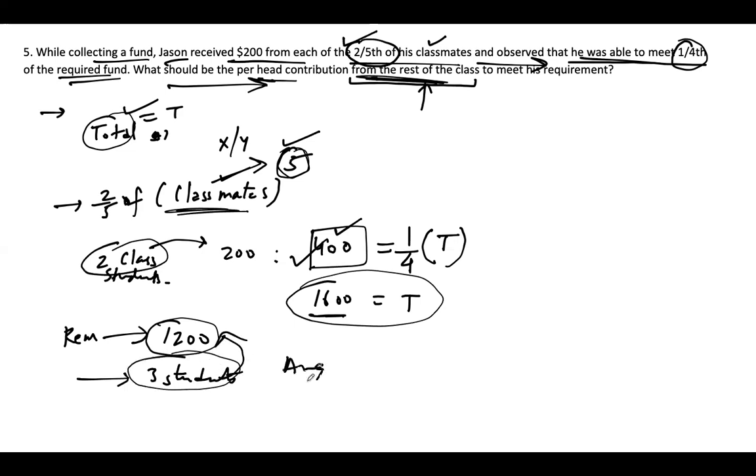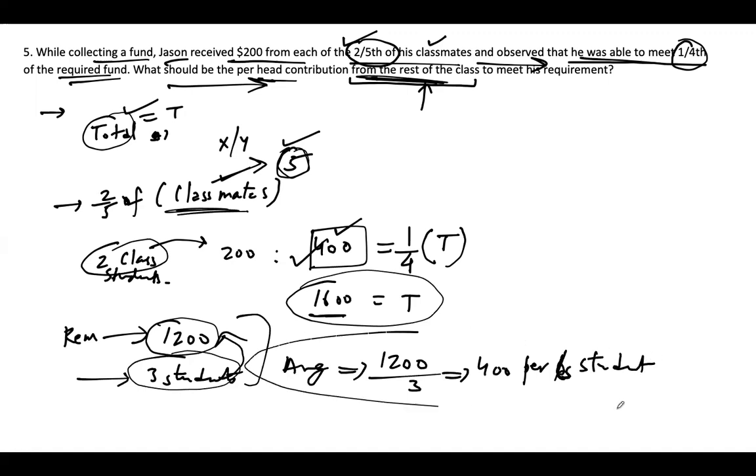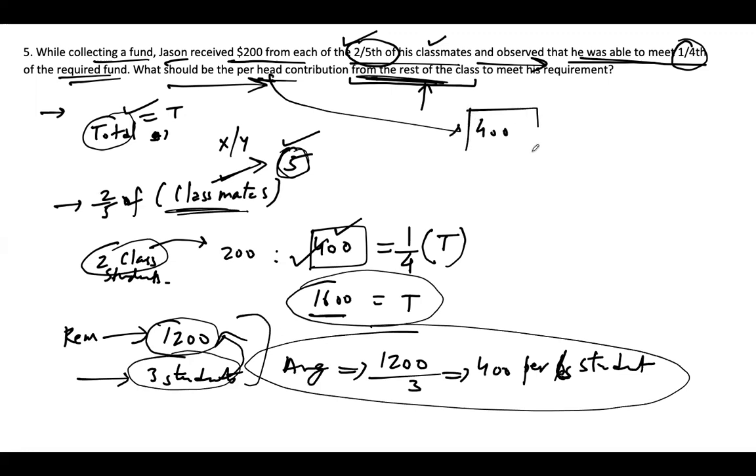So what is the average contribution here? 1200 divided by 3, which is 400 per student. So the answer to this question is 400. All right. So this is the end of our class.